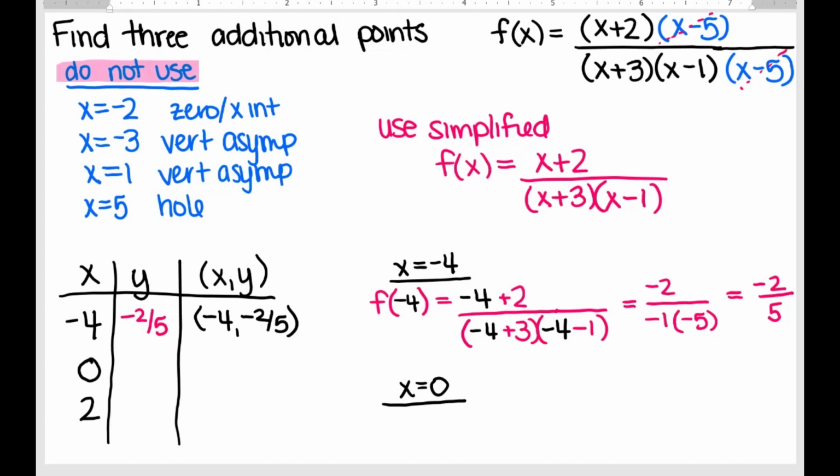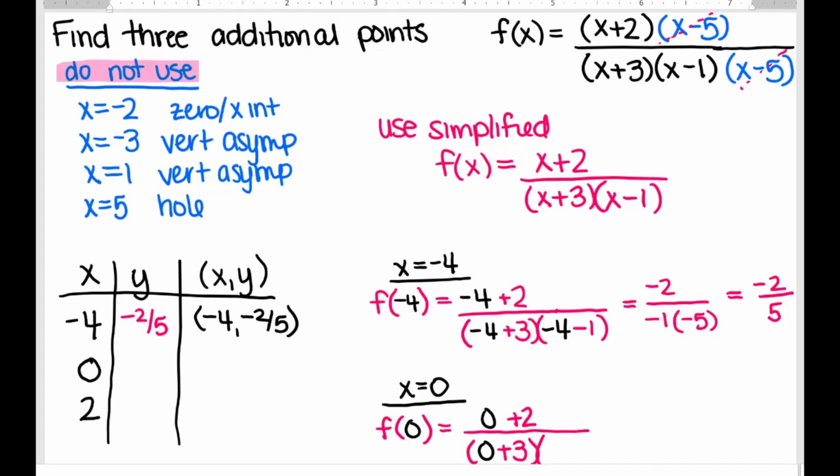Let's find out what happens when x is equal to 0. So we're going to plug 0 in wherever we see an x in our simplified factored form. We're going to have 0 plus 2 all over 0 plus 3 times 0 minus 1. And again, you can either do the mental math or use your calculator. You're going to have to use a simplified fraction or simplified answer anyway.